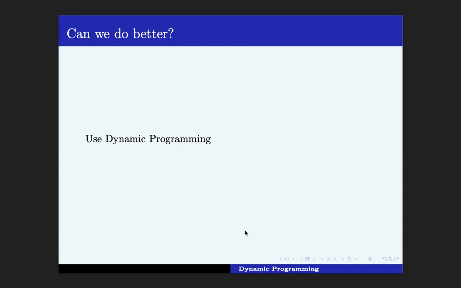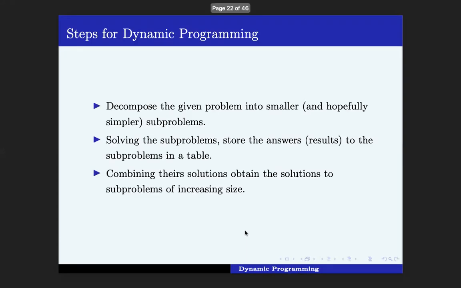Think recursively, and when the recurrence uses the same thing again and again, use dynamic programming. They're very simple. And when you use dynamic programming, of course, you can go over this whole drill again, that we decompose this problem into smaller problems and combine them. And the main idea is to store the results in a table. And that's how you do it. Okay.